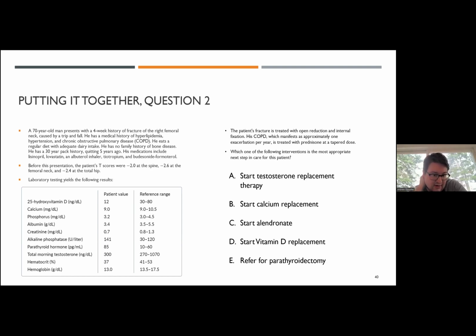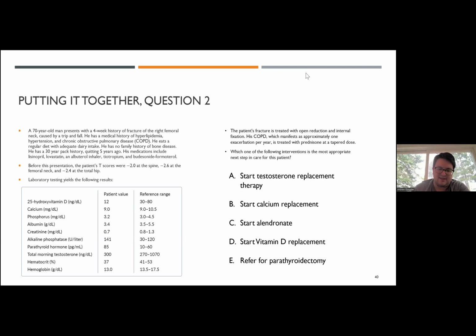They have a T-score at the femoral neck of negative 2.6, and the lab values are as you see on the screen. Then the patient has their fracture fixed. They have frequent prednisone use throughout the year. What is the most important next step for this patient?